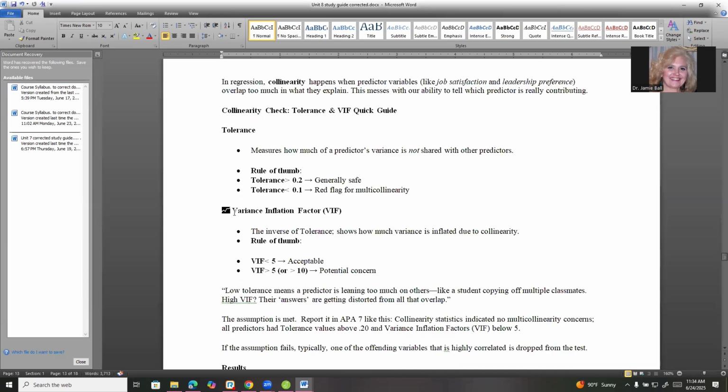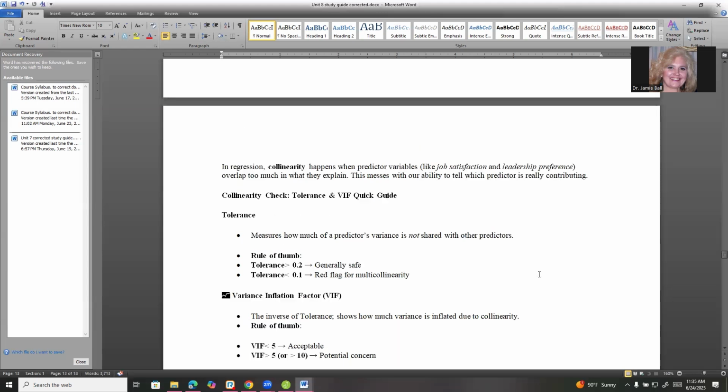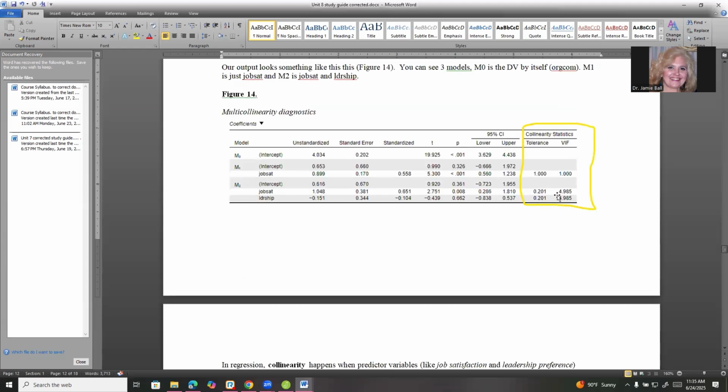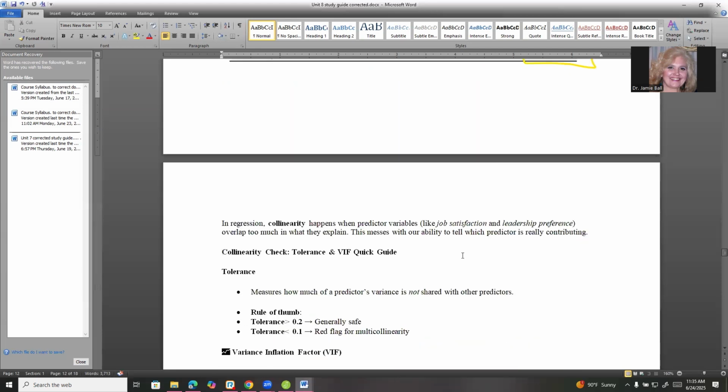And I can look at the VIF, which is basically 10 times the tolerance. The variance inflation factor, if it's less than 5, is acceptable. If it's greater than 5, it's a concern. And if it's greater than 10, you've got a problem. Mine's hovering at about 5, so we're good.